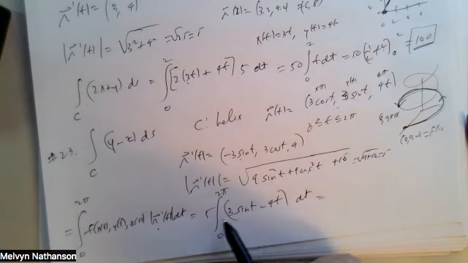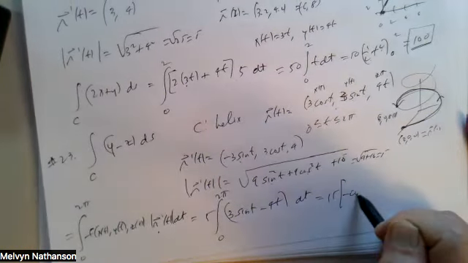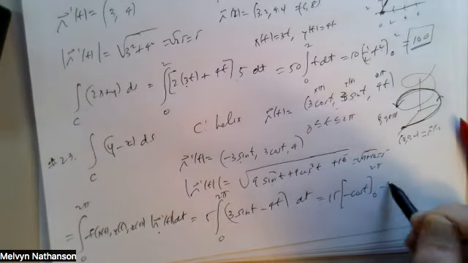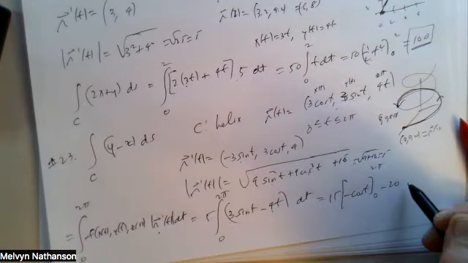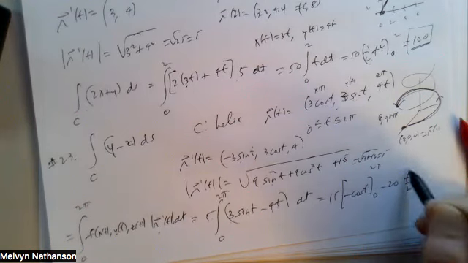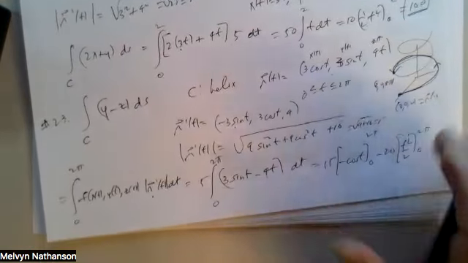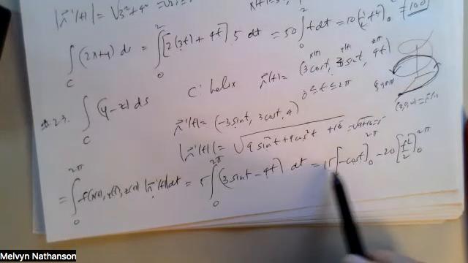Let's see, what is this? 5 times 3 is 15. The integral of the sine is minus the cosine from 0 to 2 pi. Minus 20, 4 times 5. The integral of t is t squared over 2 from 0 to 2 pi. So 1 minus 1, this is 0.